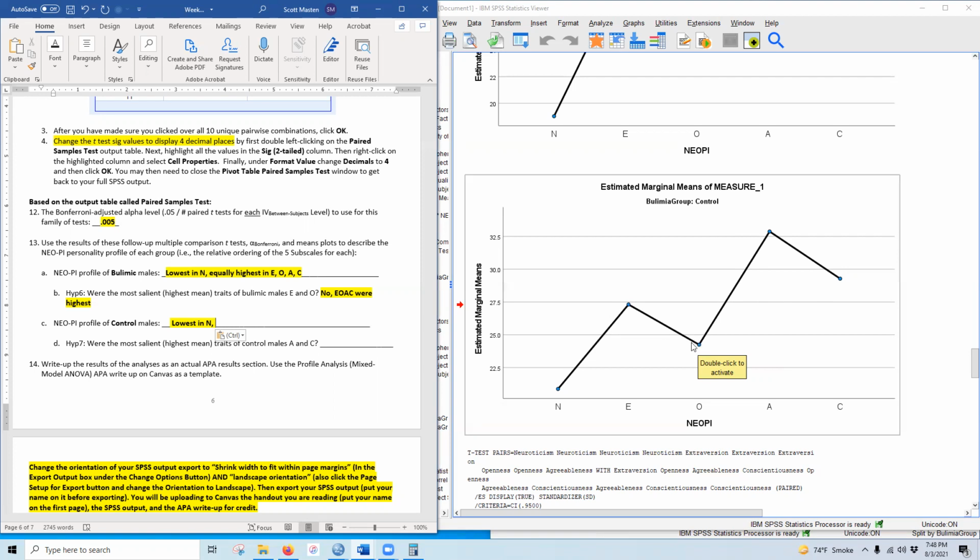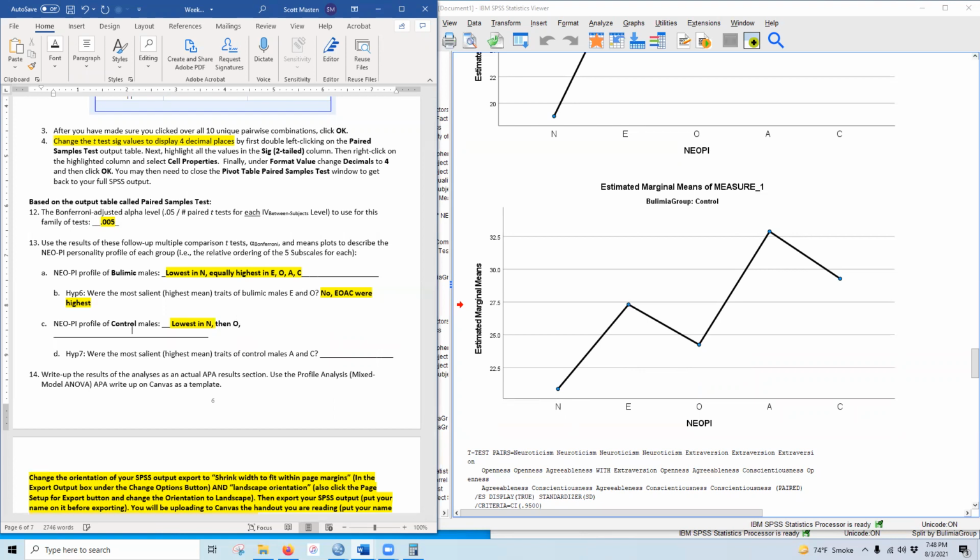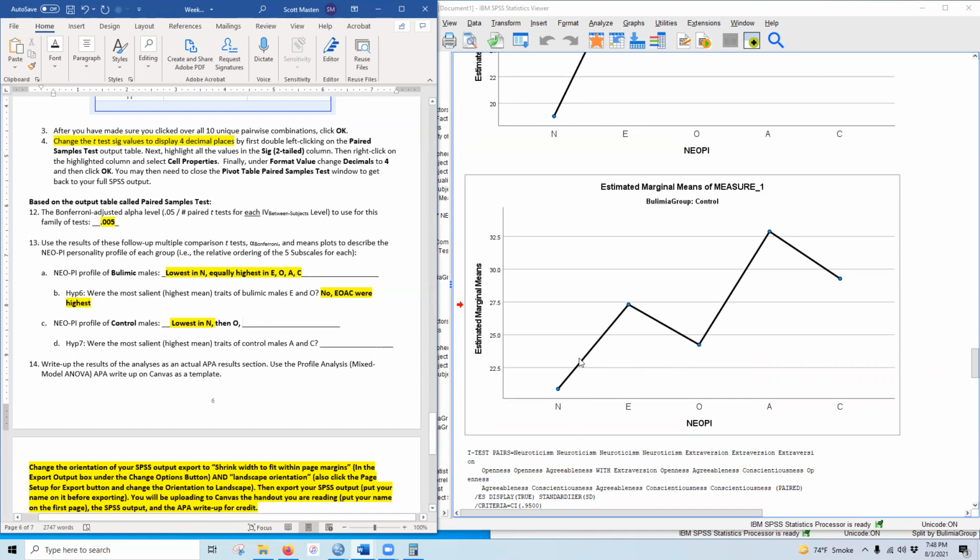That means if O is lower than E and lower than A and C, then their next highest personality trait goes from N to O. Lowest on N, then O. That's their next highest personality trait, I guess is the way to think of that.